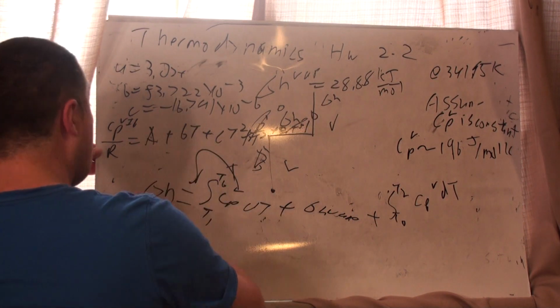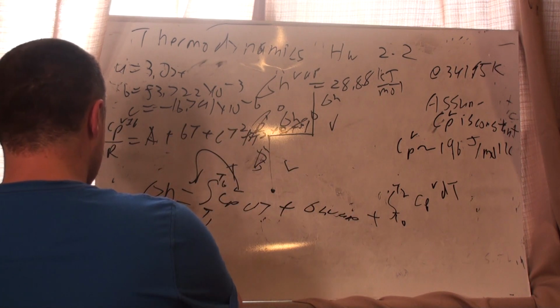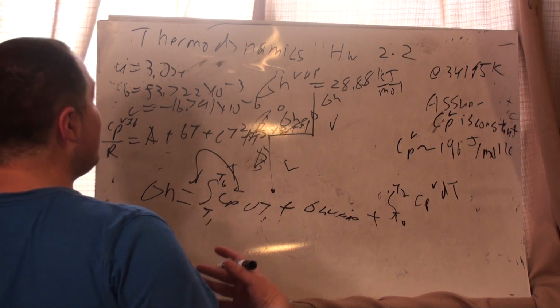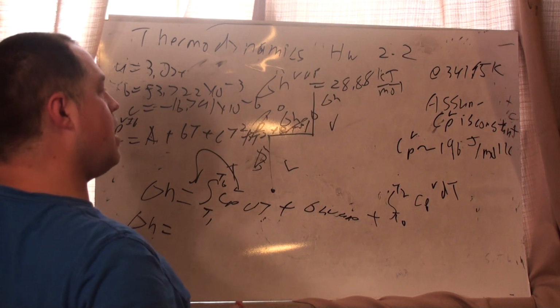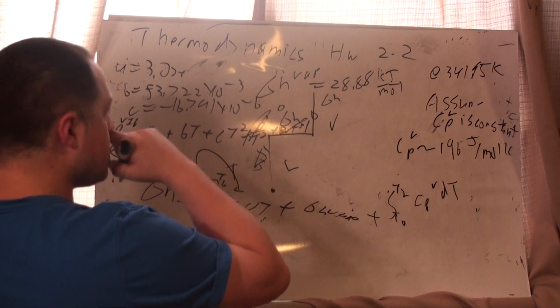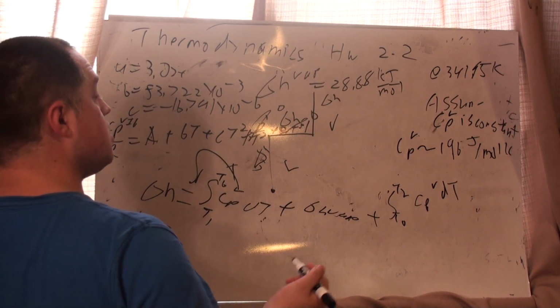That's Cp over R, so we have to multiply that whole thing by R. Our picture is our pathway in this case. We don't really need a system, it's boiling. We have our assumptions, and I don't think there's anything else to assume.